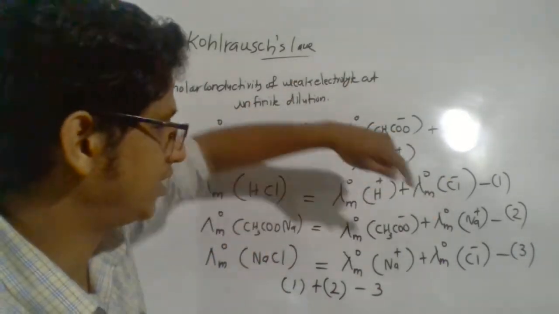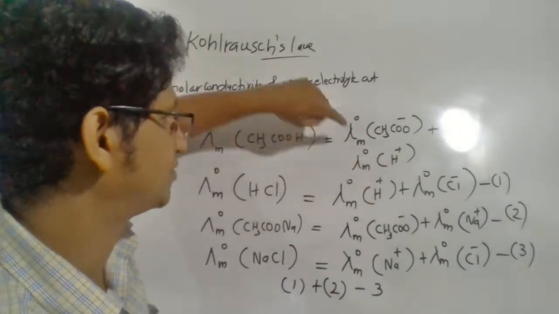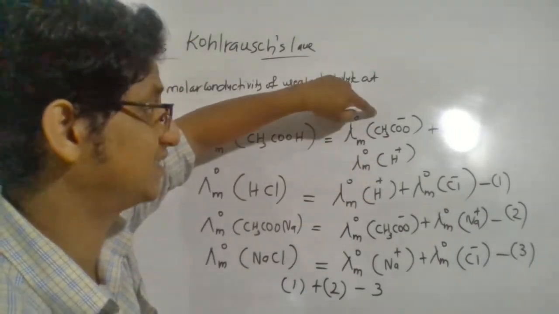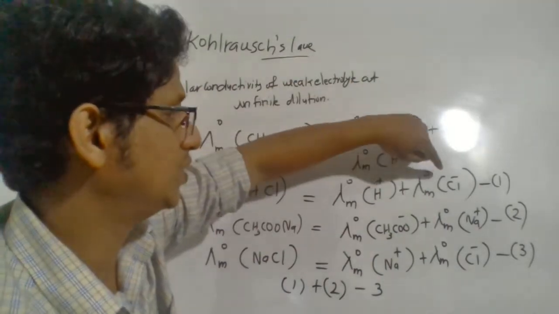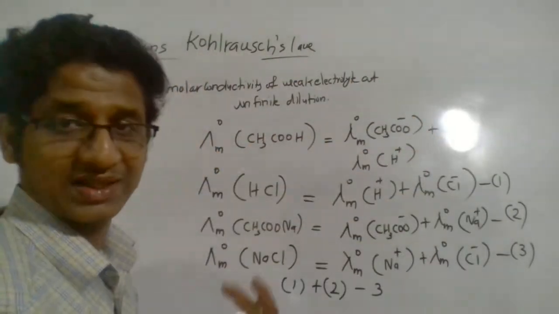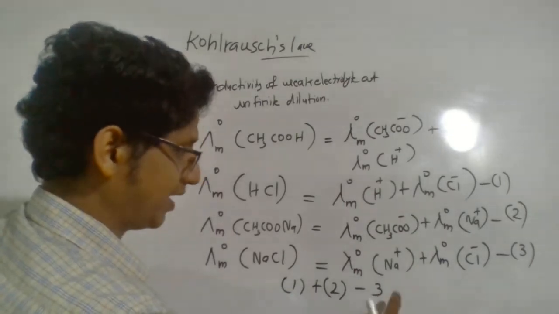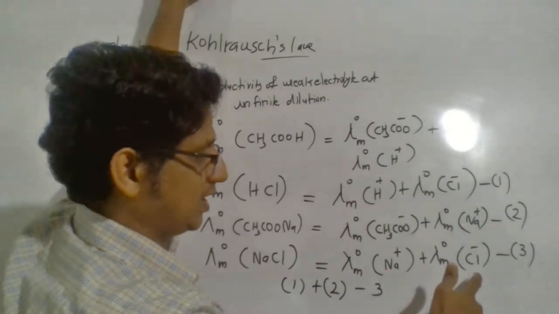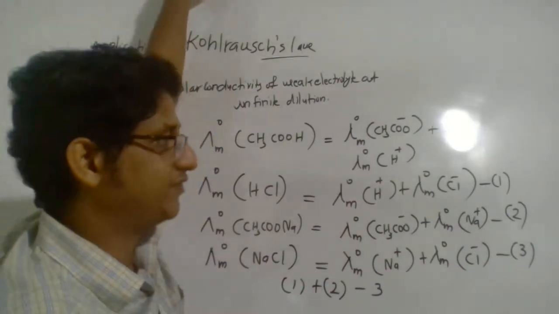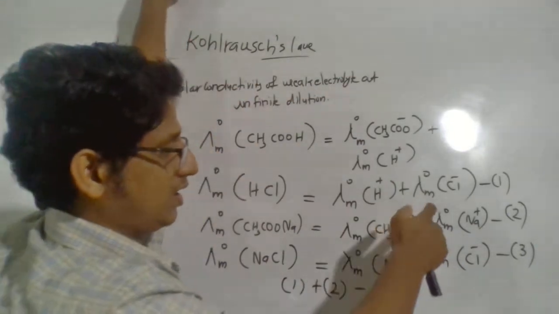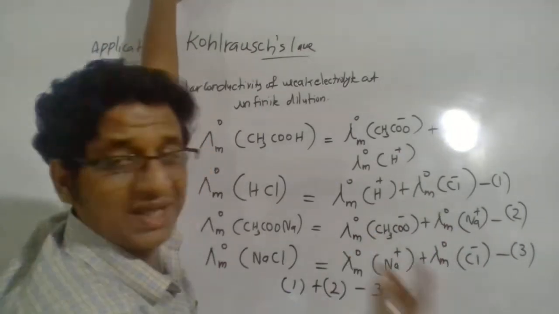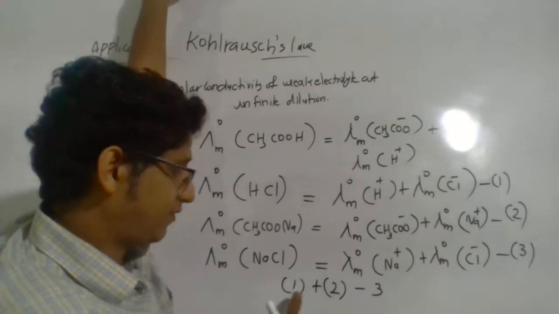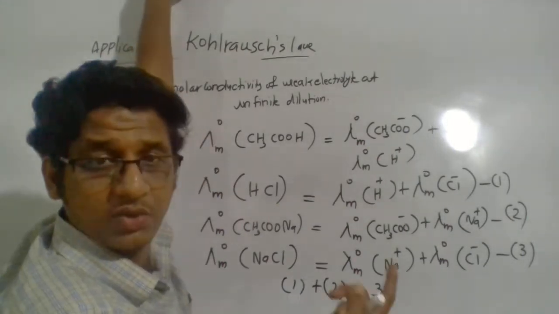If you sum 1 and 2, you will get lambda m of H plus, that is required here, lambda m0 CH3COO minus, that is required here, and also Cl minus and Na plus are coming. But if you subtract equation 3, where lambda Na plus and lambda Cl minus are also coming, the Na plus and Cl minus will be cancelled. So net effect 1 plus 2 minus 3, what are you going to get?